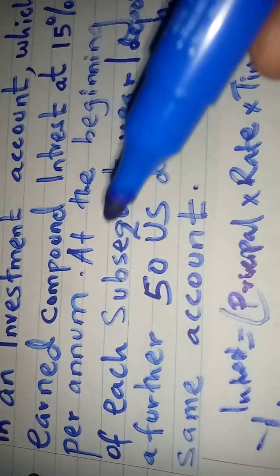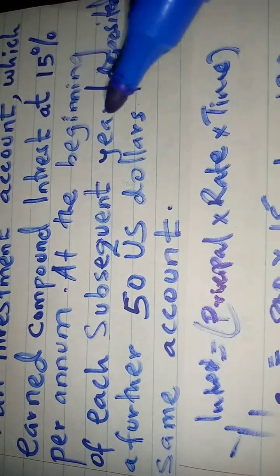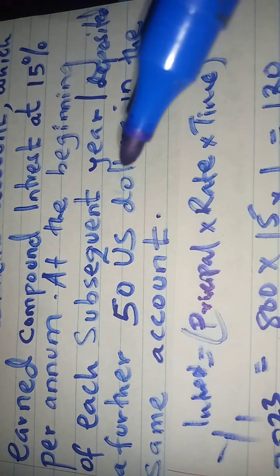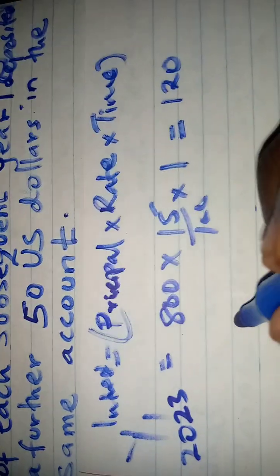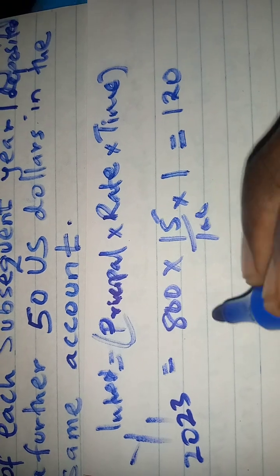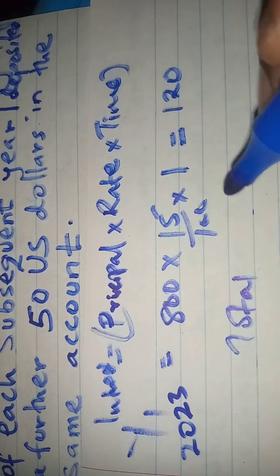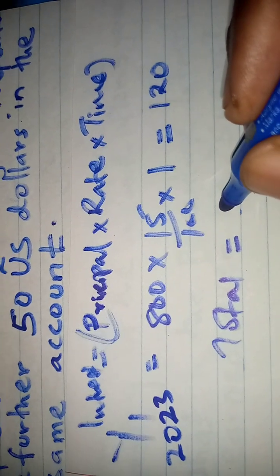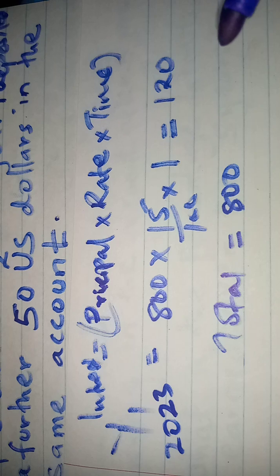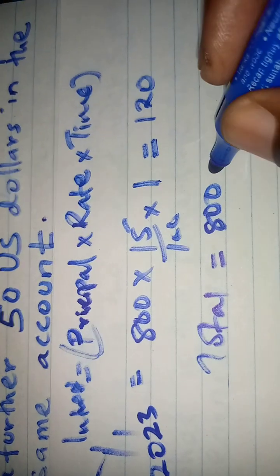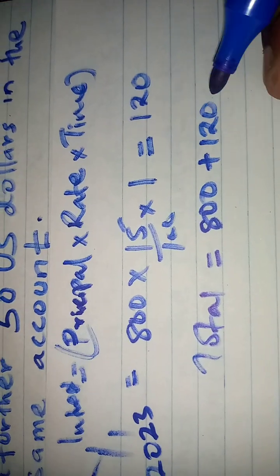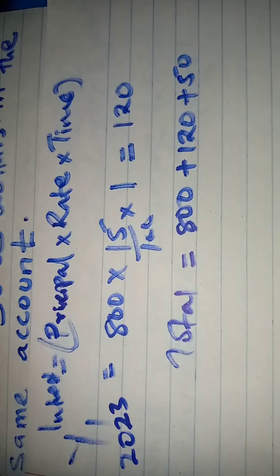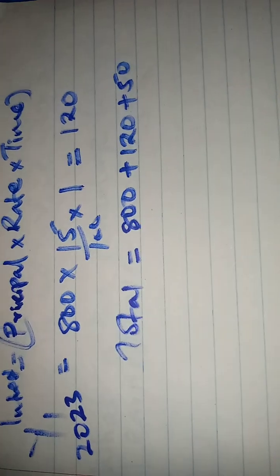But what happened? At the end of each year, I usually deposit another 50 in that account. So the total amount is going to be, I'm going to take 800, add 120, the interest that I've gained, and then add the $50.